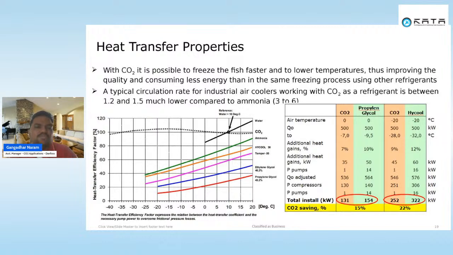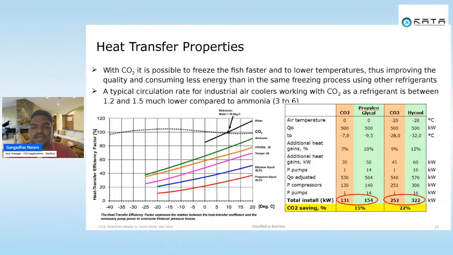Suppose I want to use propylene glycol or Hycool as the secondary refrigerant, the brine in my system, instead of CO2. Then there is a lot of compressor power and pump power consumption because of the higher viscosity of propylene glycol and its lower thermodynamic superiority compared to CO2.